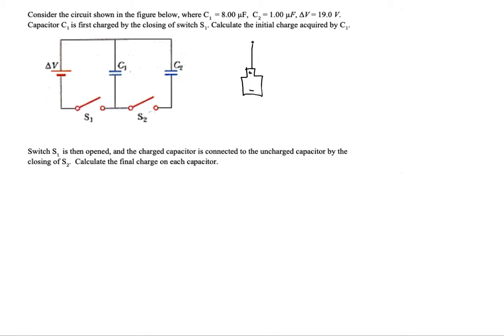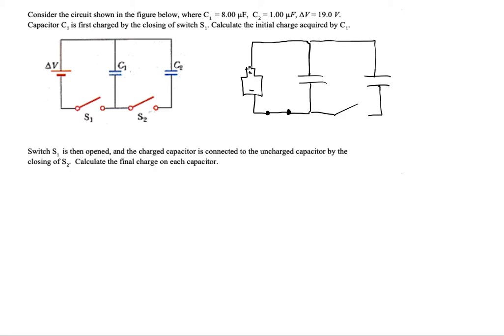So we can redraw it like this. And now switch S1 is going to be closed, so that's going to allow charge to flow through that path. But switch S2 will still remain open, so charge can't flow through that path.